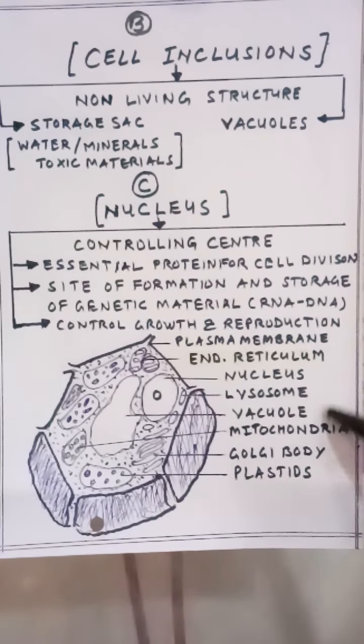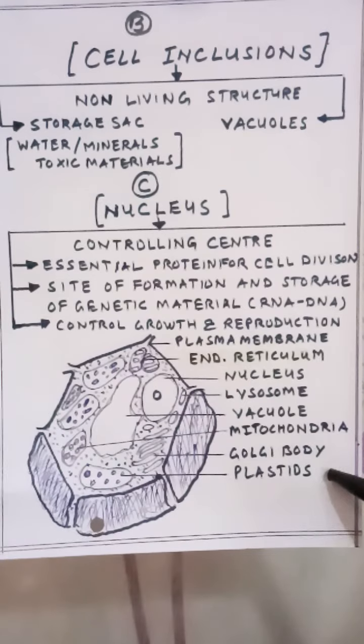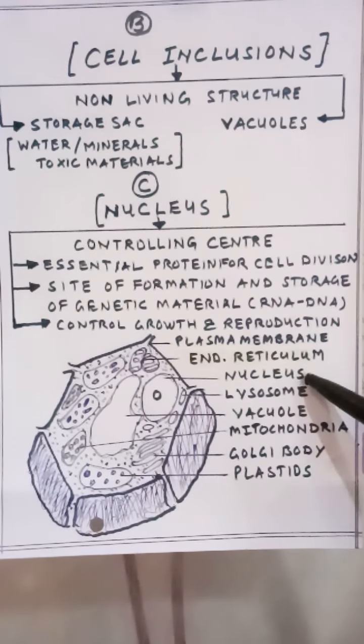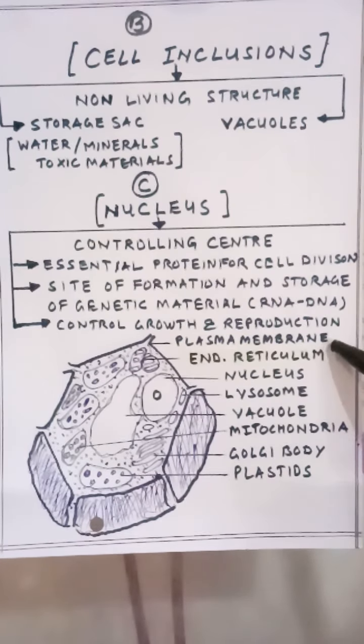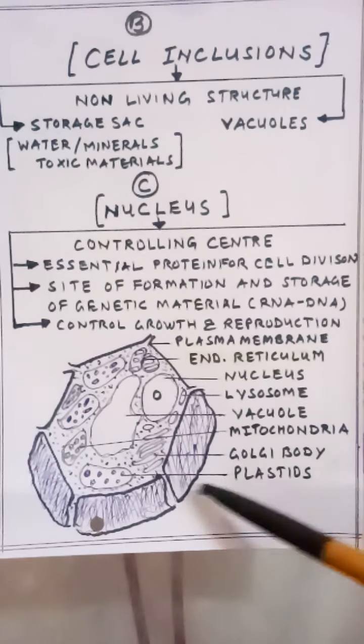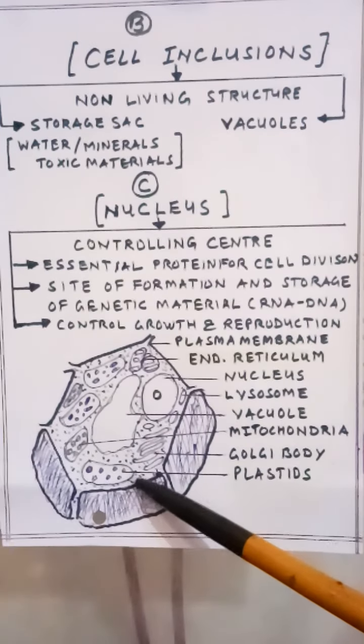Just like in our body, various organ systems are responsible for functions. The digestive system can be compared to lysosome. Similarly, the brain can be compared to the nucleus. Similarly, our skin is like the plasma membrane in the body of a multicellular organism. Plastids are responsible for trapping energy.